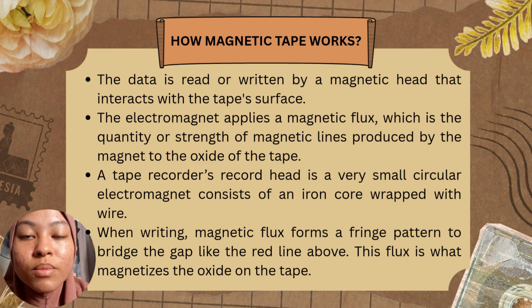The tape recorder's record head is a very small circular electromagnet, consisting of an iron core wrapped with wire. When writing, the magnetic flux forms a fringe pattern to bridge the gap, like the red lines. So the flux is what magnetizes the oxide on the tape.